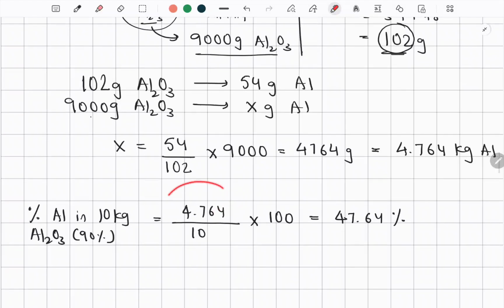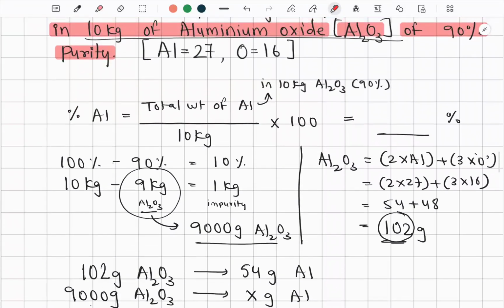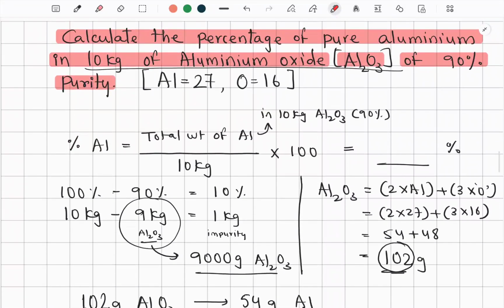Then we divided 4.764 by 10 kg into 100, and we got the percentage of pure aluminium in 10 kg of Al2O3 of 90% purity, and the answer was 47.64 percent.